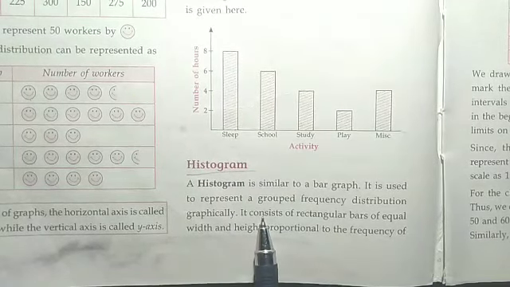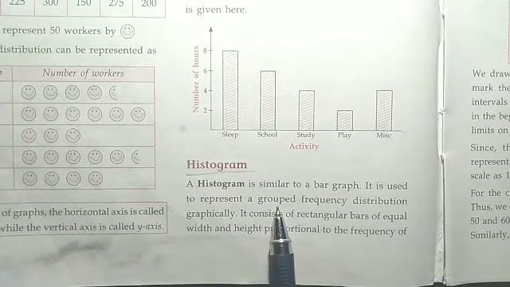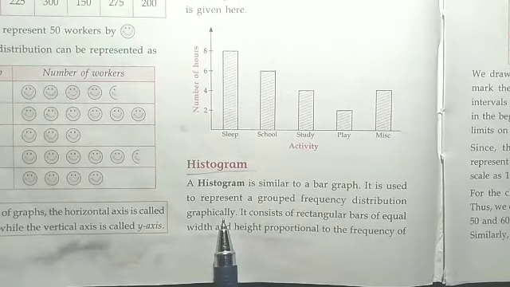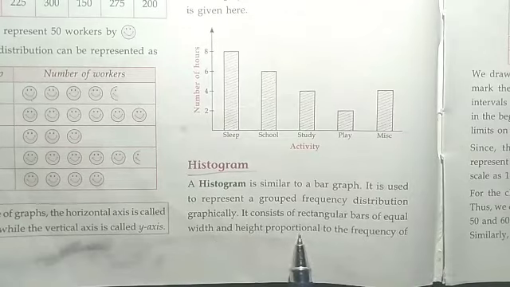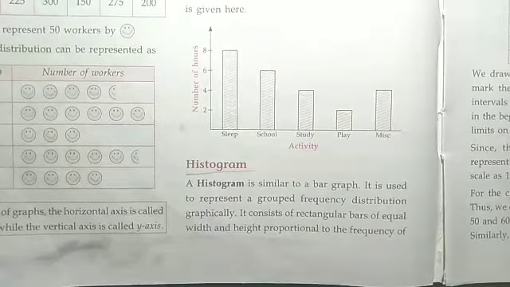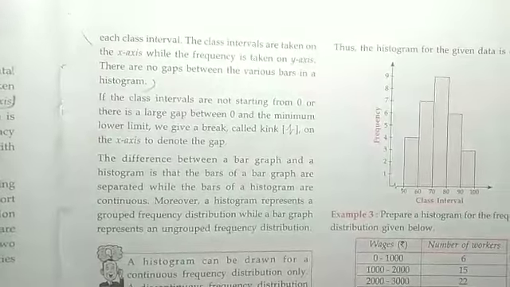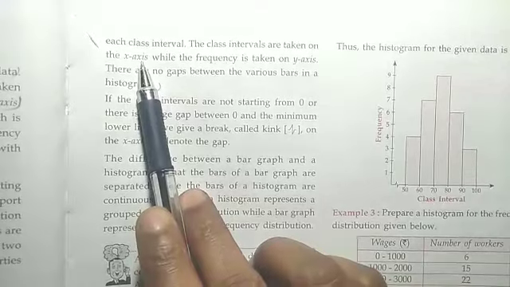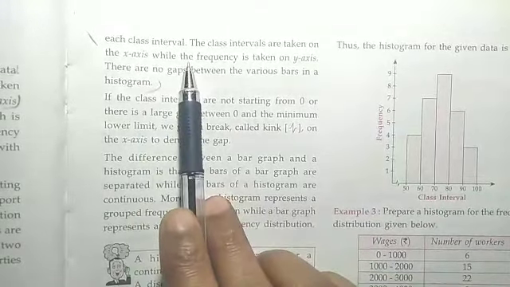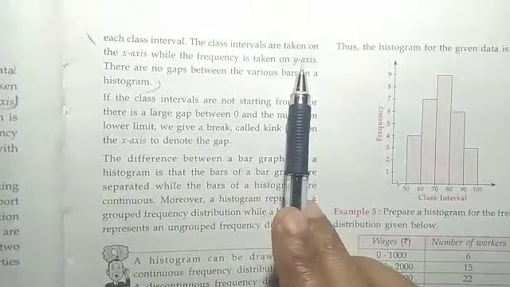A histogram we use to draw for a grouped frequency distribution table. It consists of rectangular bars of equal width and height proportional to the frequency of each class interval. The class intervals are taken on the x-axis, while the frequency is taken on the y-axis.